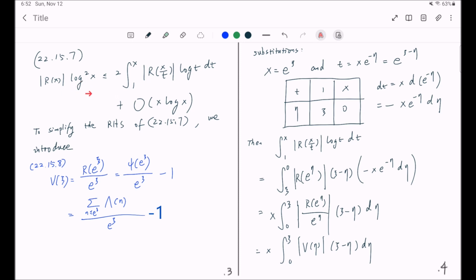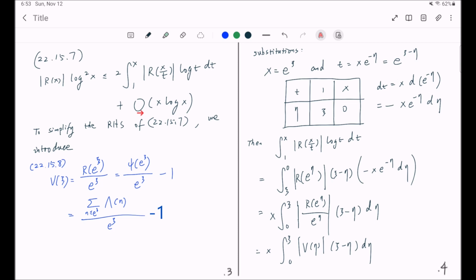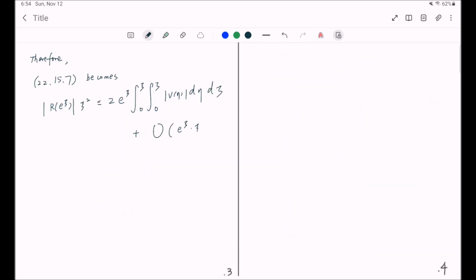Therefore, this inequality becomes, so that the remainder term, big O of x times log of x, upon this substitution, will be big O of e to the psi times psi. And now we divide both sides by e to the psi.